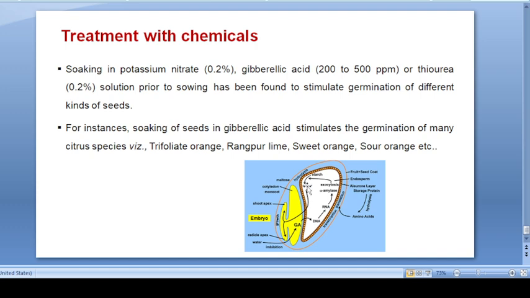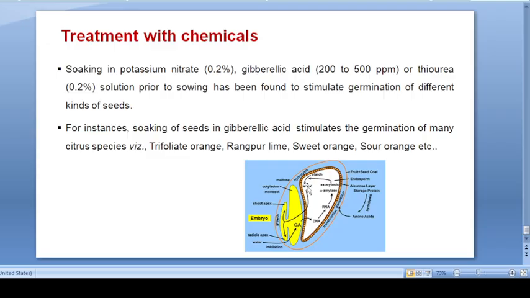So starting with the seed. In this topic you should be aware of some basic things. What is seed? What is propagation? What are the different types of propagation methods?